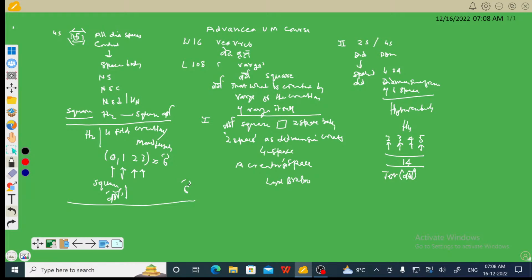So TCV dictionary shall have an entry of a word, and it will be of the first feature as H2 of 4 folds 2, 3, 4 and 5 space creation.